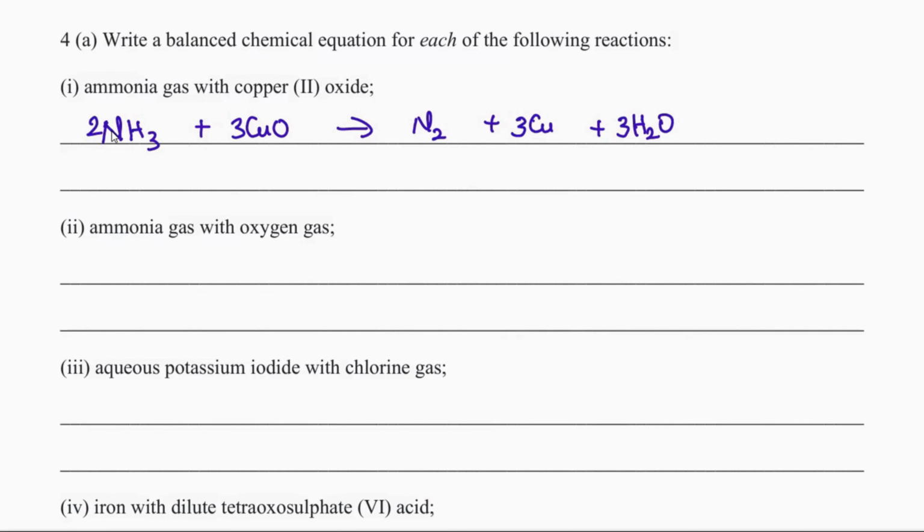Now the next question is ammonia gas with oxygen gas. So ammonia again, reacting with oxygen, we have NO, nitrogen oxide, plus water. In balancing this, we have to balance our hydrogen, so we're going to have 4 here, 5 here, 4 here, and 6 hydrogen, this is H2O.